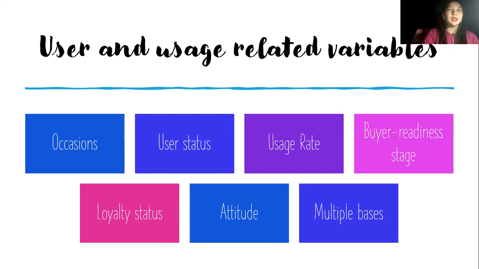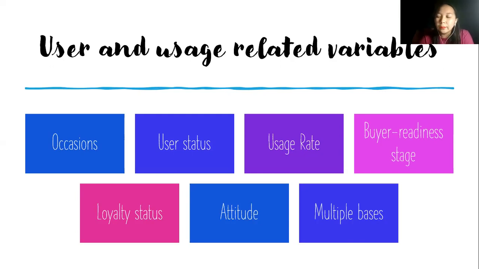Yeah. So, the second user and usage related is yung user status. Yan. So, user status class, ito yung gaano ka kadalas gumamit ng product. So, pwedeng ikaw ay non-user, you're not using the product, ex-user, you were using the product before, pero hindi mo na siya ginagamit ngayon.